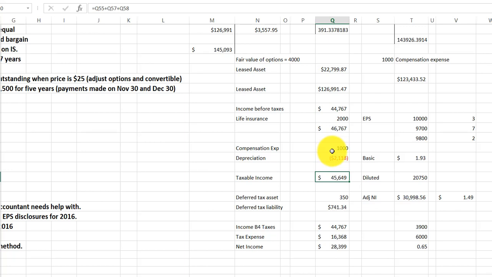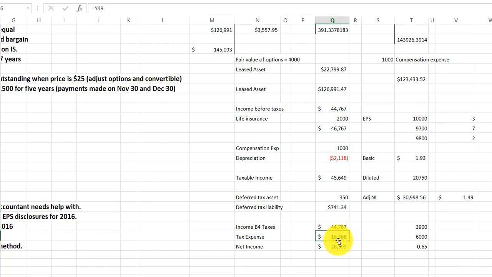All right, our cumulative difference on the compensation expense is $1,000. So our deferred tax asset is $350, and our cumulative difference on the depreciation is this as well, because there's nothing from the previous year. So our deferred tax liability is $741. The journal entry to record this deferred tax asset is a debit to deferred tax asset and a credit to tax expense, just the opposite for the deferred tax liability.